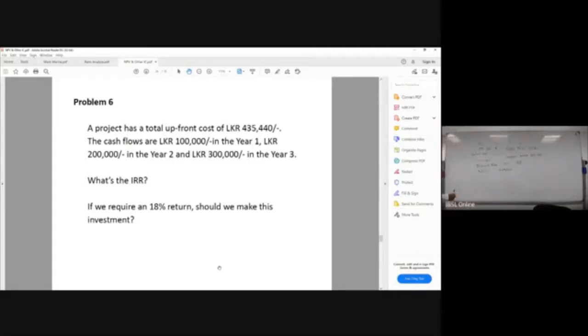Okay. So at 5%, this won't change. This is 1. The cash flows won't change, even if the discount rate is 50%.